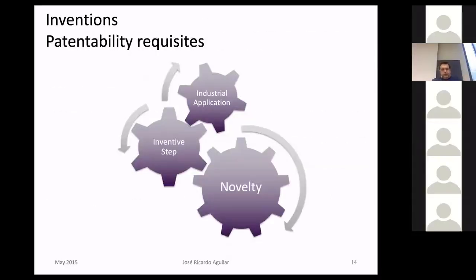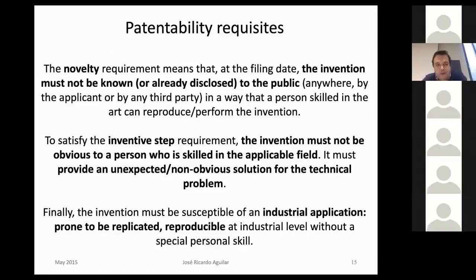So the requisites for patentability, and this is one point which is very, very important. There are three: novelty, inventive step, and industrial application. So you can only have the protection of an invention, first of all, if that invention is novel, which means that at our filing date, at the date where we reach the office and file our patent application, that invention must not be known or already disclosed to the public by yourself as an inventor or as the applicant or by any third party.